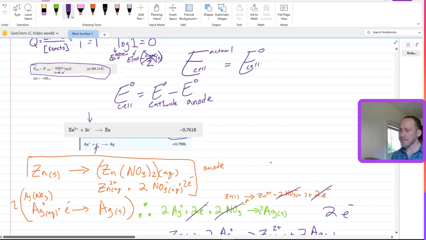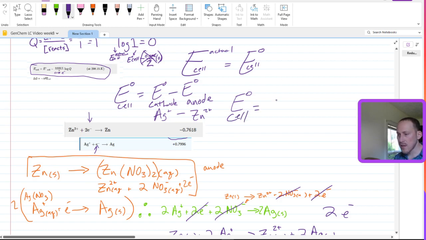So we've got the cathode minus anode in this case is going to be silver minus zinc, and we're going to be reducing those in our equation here.